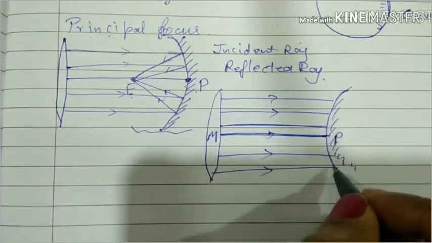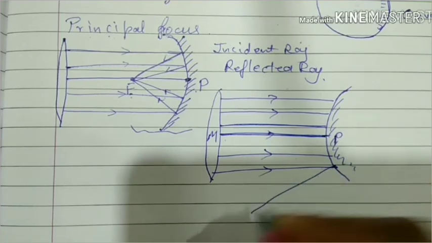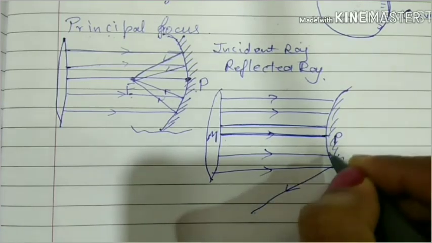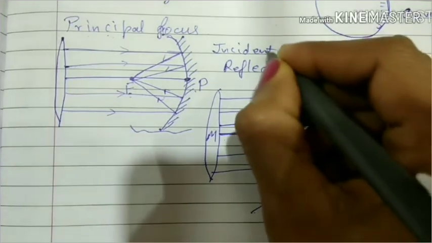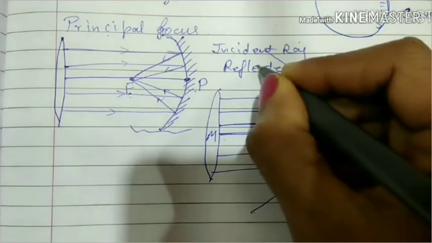In case of a convex mirror, they all get reflected in different directions. So this is the reflected ray. All these get reflected.